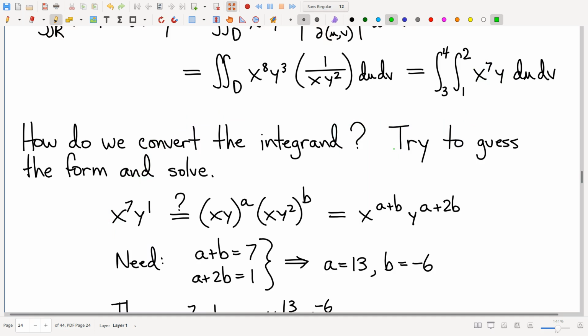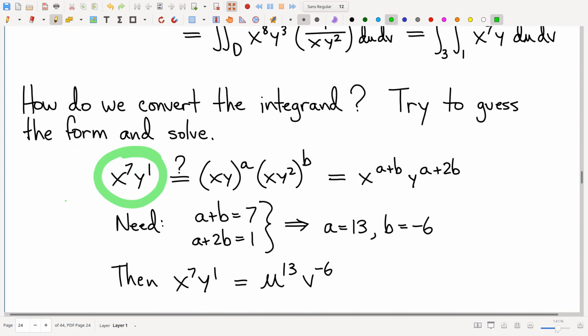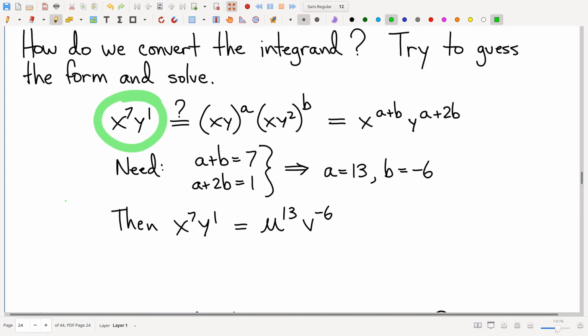Here's my guess. I have a product of powers of x and y. I want to write that in terms of u, which is a product of powers of x and y, and v, which is a product of powers of x and y. Now, just thinking out loud here, what would I do to products of powers of x and y to produce a different product of powers of x and y?